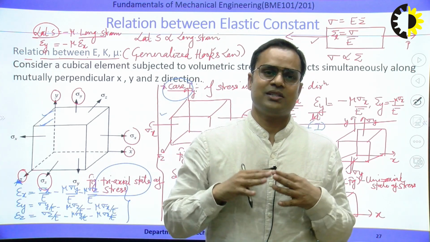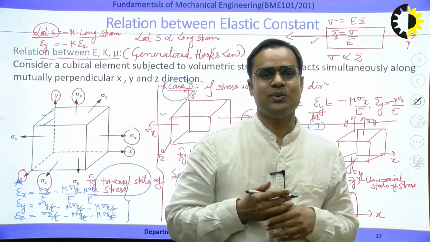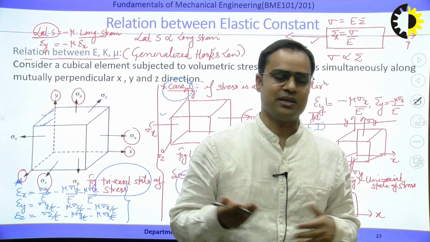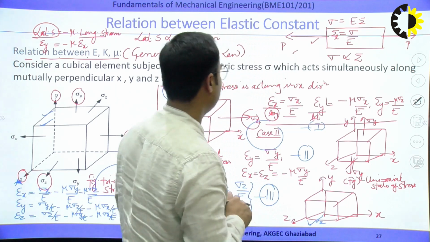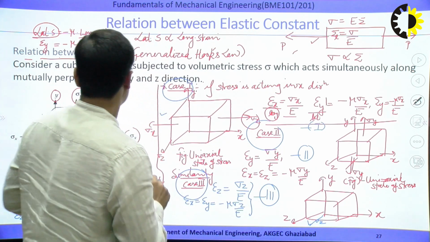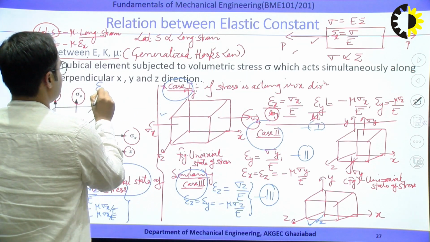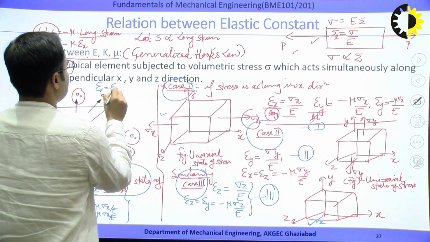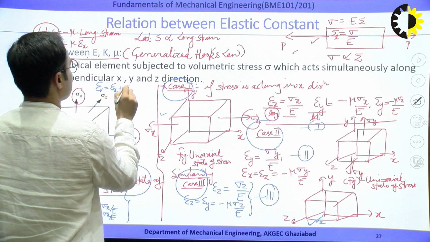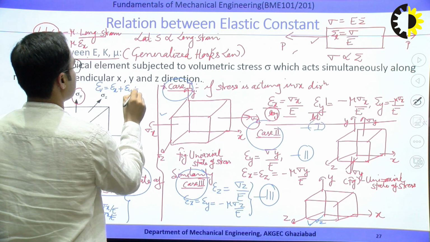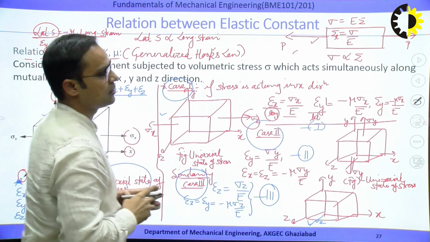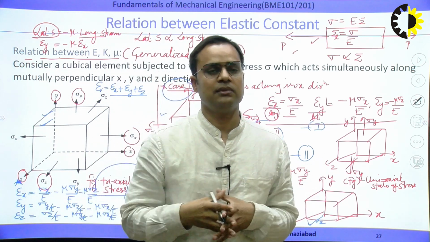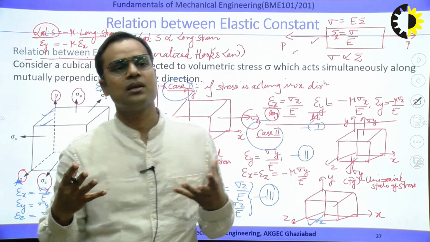Now we are interested to see how much volumetric strain is induced. How will we calculate the volumetric strain? The volumetric strain is nothing else but the strain induced in the x direction plus the strain in the y direction plus the strain in the z direction. If we combine the total strain in all three directions, we get the volumetric strain.